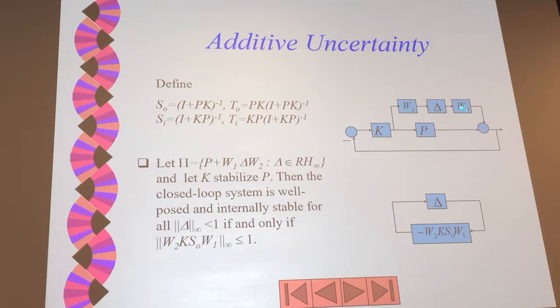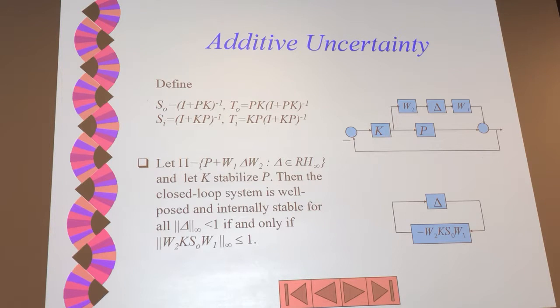The uncertainty is the delta. W1 and W2 are to do normalization, scaling, conditioning, or massaging of that uncertainty. We should extract W1 and W2 so that the H-infinity norm of delta is less than 1, right? Yeah, that's the purpose. Exactly. Otherwise, you cannot write it directly as less than 1. This needs some normalization or manipulation.